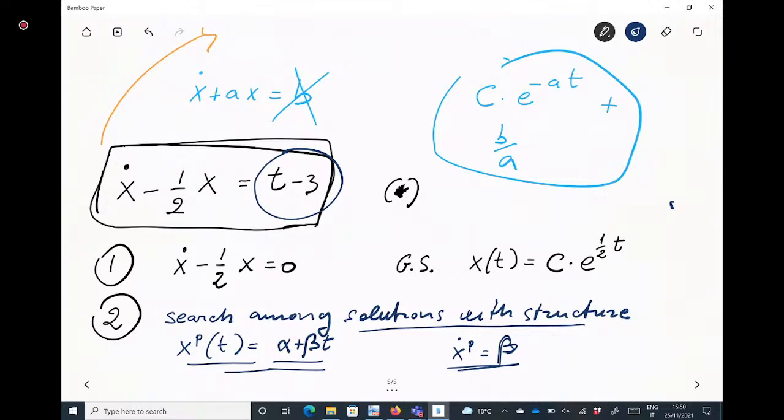Now, remember that the differential equation relates at each point in time the derivative, the value of the function, and some other function of time. So if we replace here the derivative, which is this one, and the function, which is this one, we must find t minus 3, okay? Because this must be equal to this in order for the function to satisfy the differential equation, so to be a solution to the differential equation.